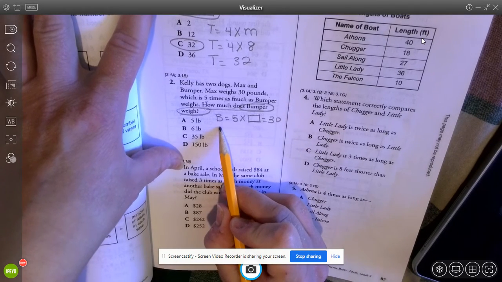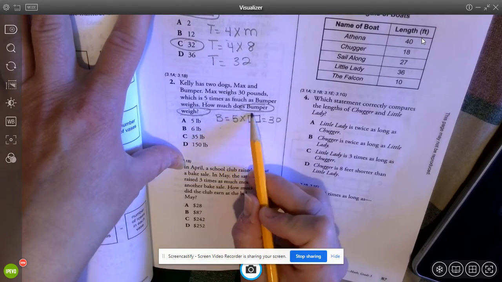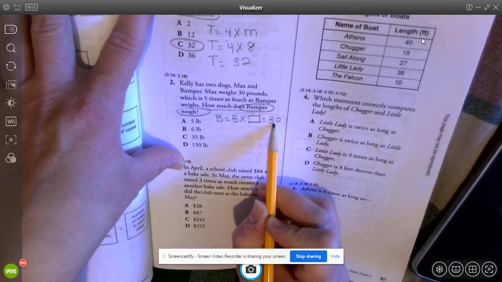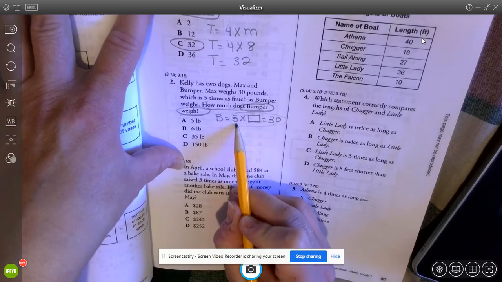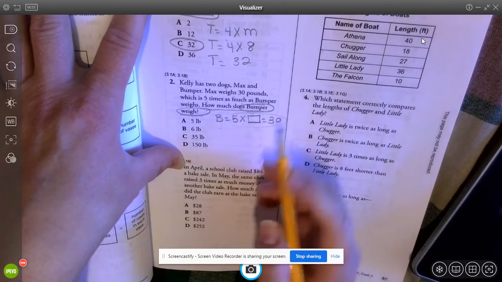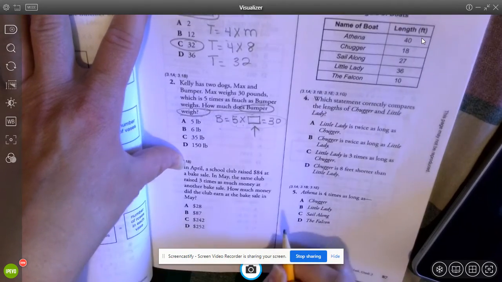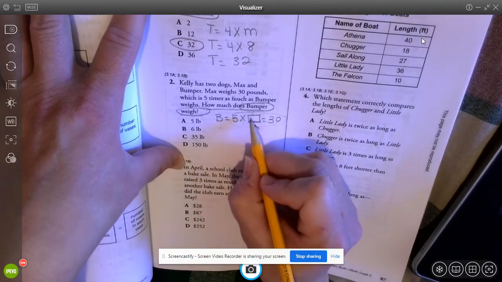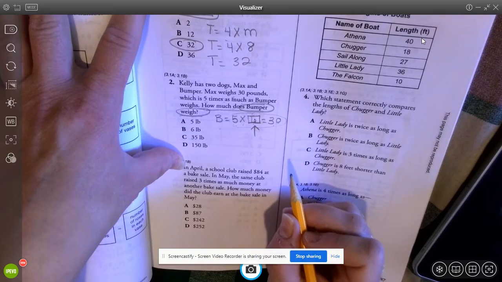Here's Bumper. This part right here is Max. He weighs 30 pounds, but that's 5 times as much as Bumper. So 5 times 6 equals 30.